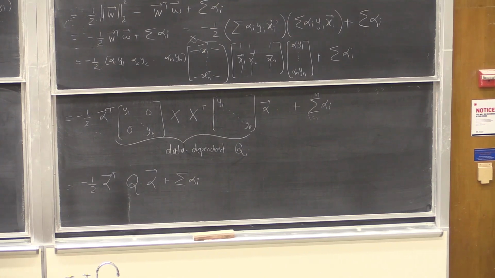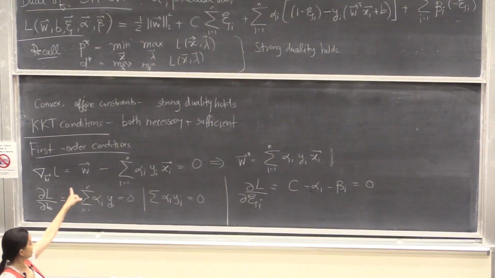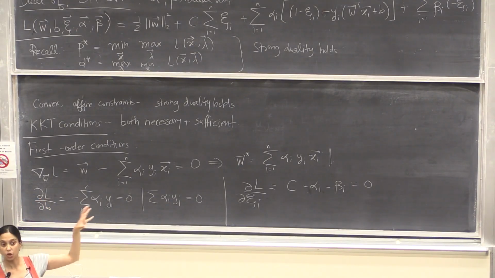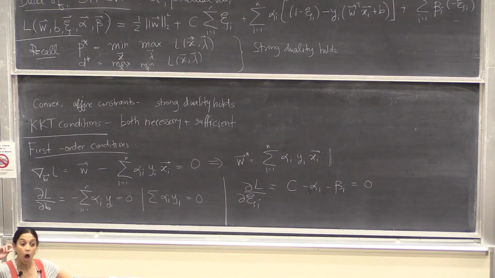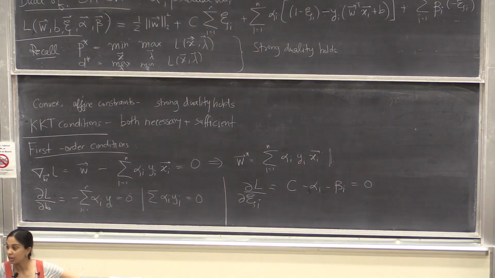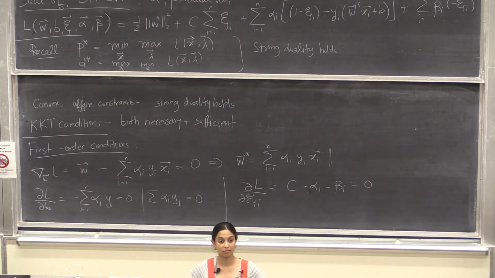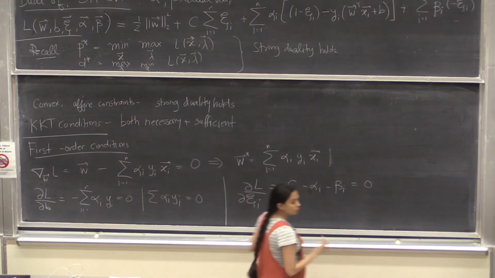Now remember, my dual can be written in terms of my Lagrangian. It's a max-min: a max over the dual variables first, then a min over the primal variables of the Lagrangian. When I look at that expression for my Lagrangian, are there any primal variables in it? No. So when I take the minimization over my primal variables, I get the exact same expression.